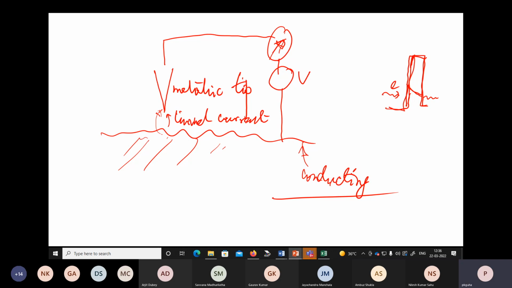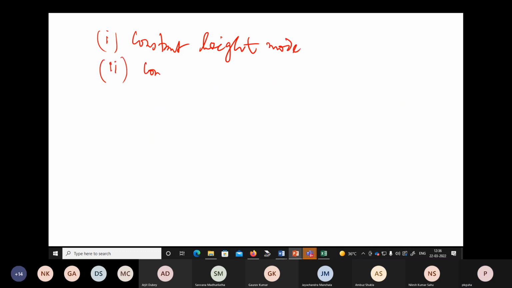Now, there are two modes of operation. One is constant height mode and another is constant current mode.